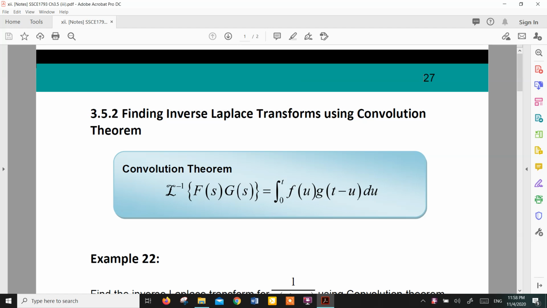Okay, now let's move on to the next subtopic, which is inverse Laplace transform using convolution theorem. Alright, so for convolution theorem, you have this formula. Inverse Laplace of F(s)G(s) is equal to the integral of f(u)g(t-u) du, from 0 to t.